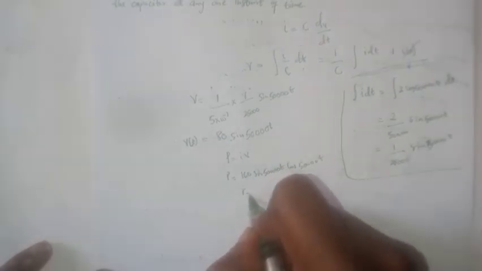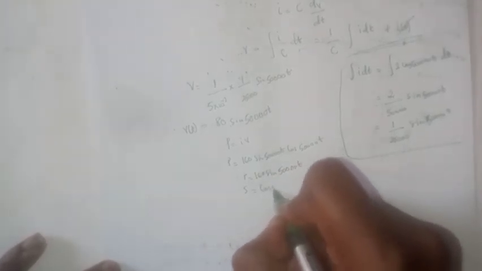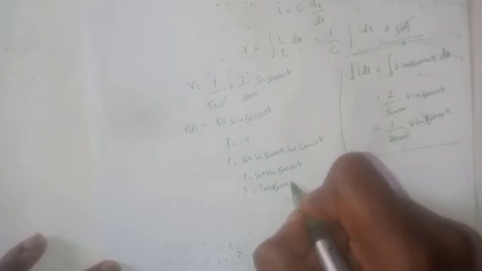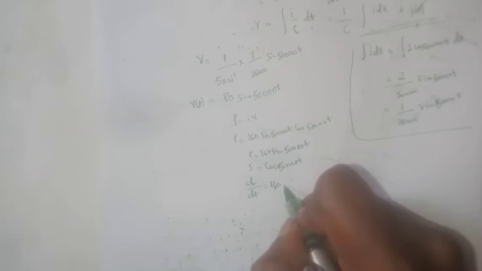Let's say r is equal to 160 sine 50,000t, and s is equal to cos 50,000t. Then dr/dt would be equal to 160 cos 50,000t, and ds/dt will be equal to minus sine 50,000t.